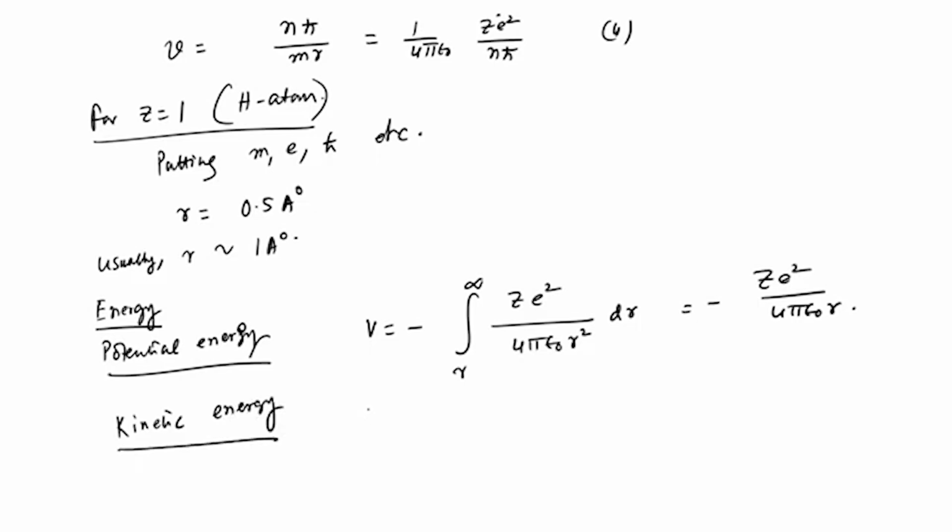So, K is equal to half m v square, which is equal to Z e square by 4 pi epsilon 0 R. Okay. So, they are the same of course, but with opposite signs.